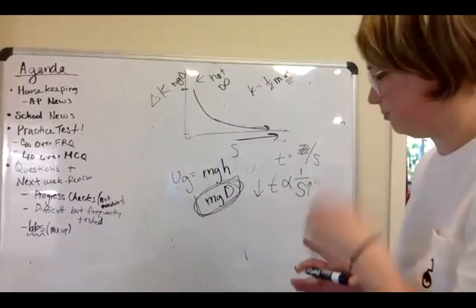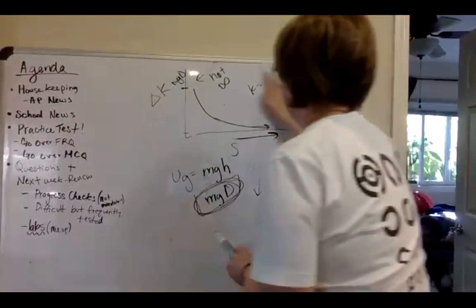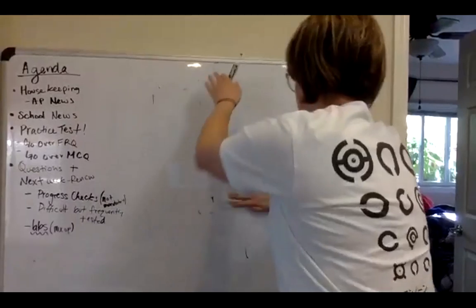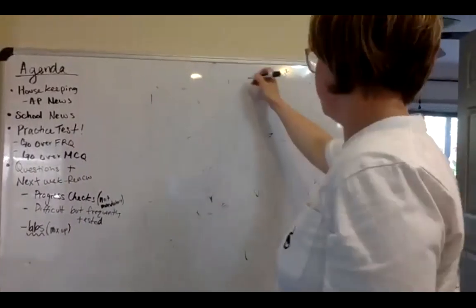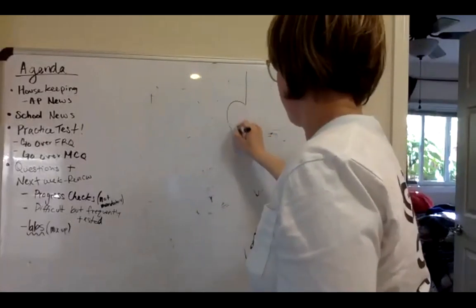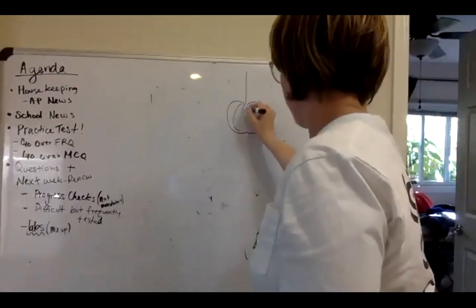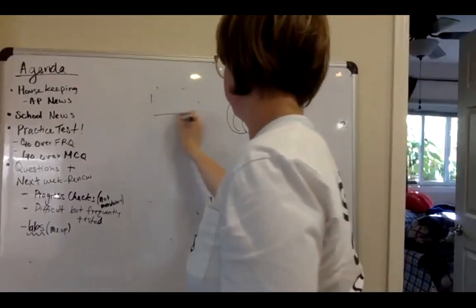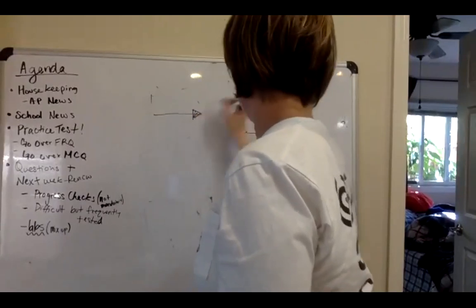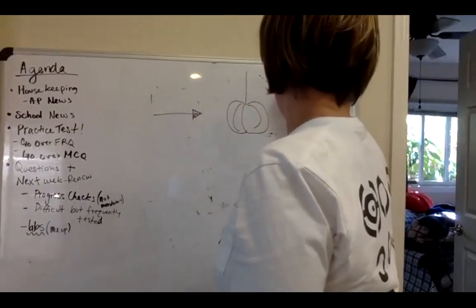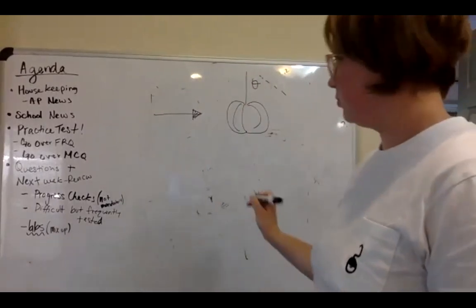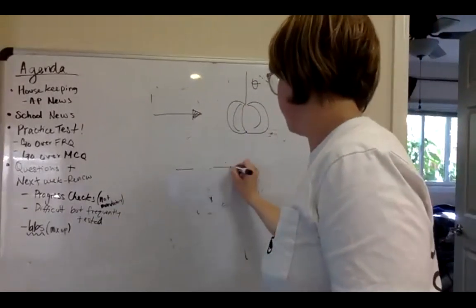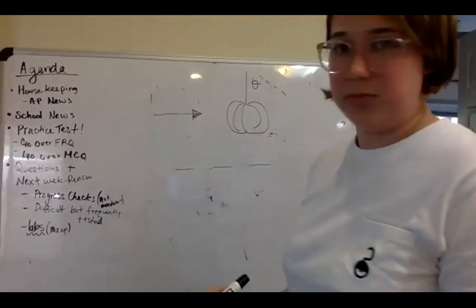So first of all, what is going to happen? The arrow hits the pumpkin, and then it's supposed to fly back a certain amount.